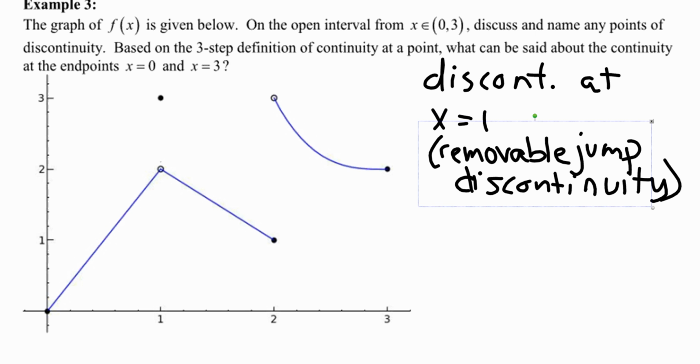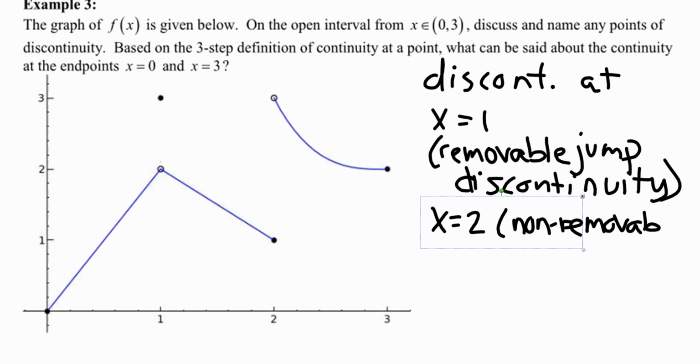Okay, and we have also x equals 2, which would be non-removable. If we put in one hole there, it doesn't make it continuous. That's a non-removable jump discontinuity.